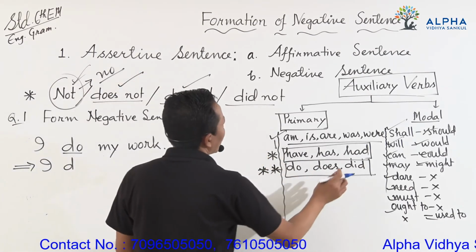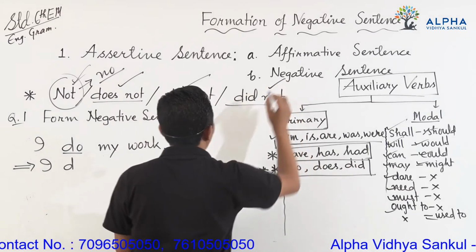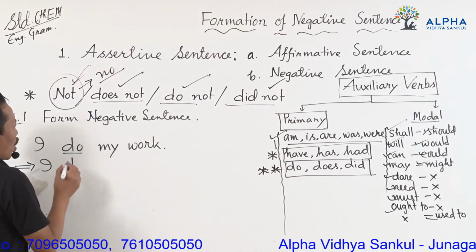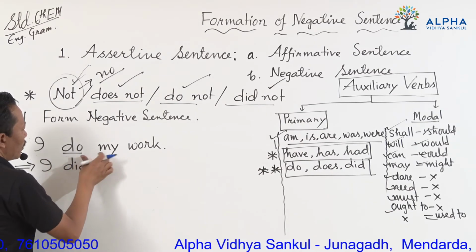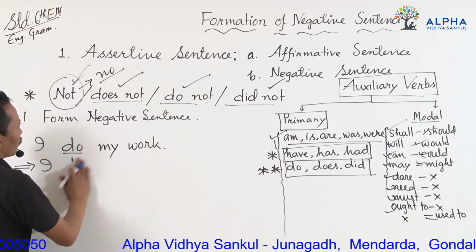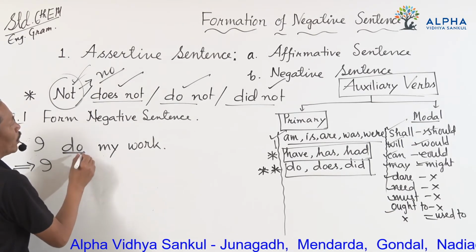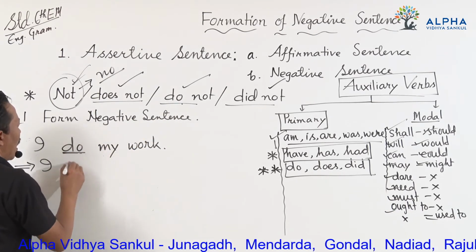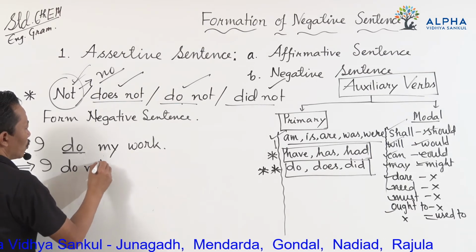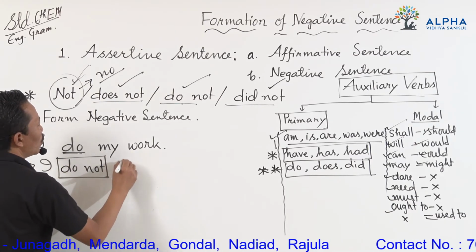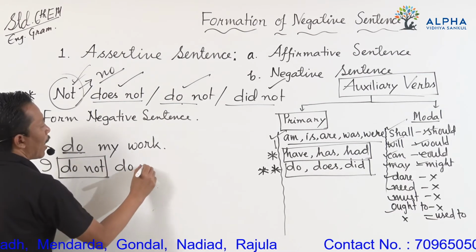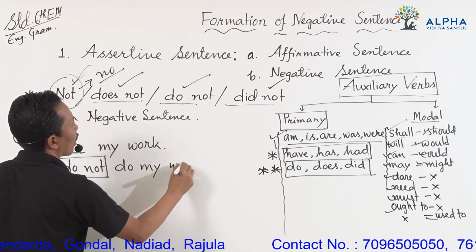If it is did, we have to apply did not. So we have to do like this. It is do, then do not: I do not do my work.